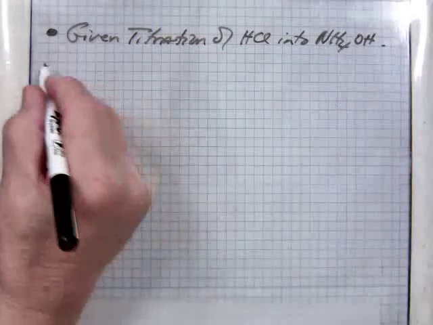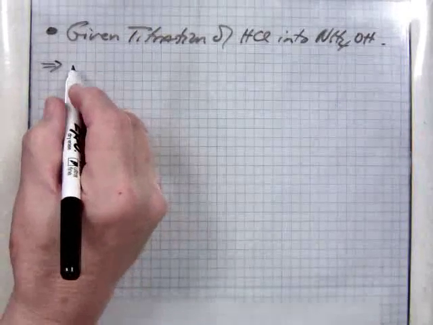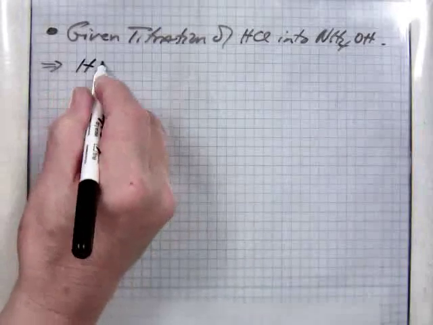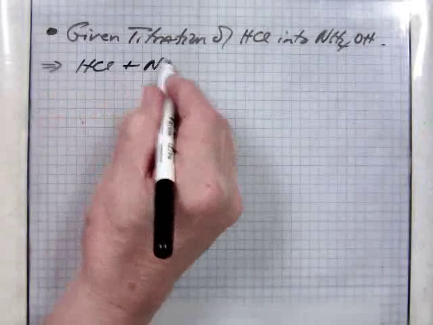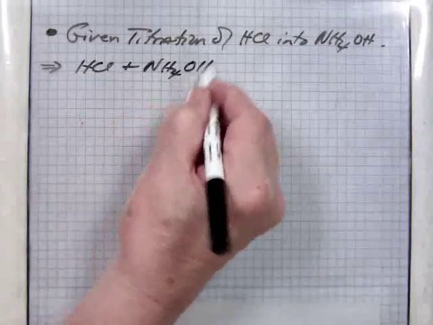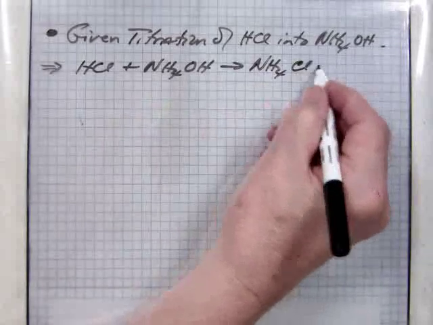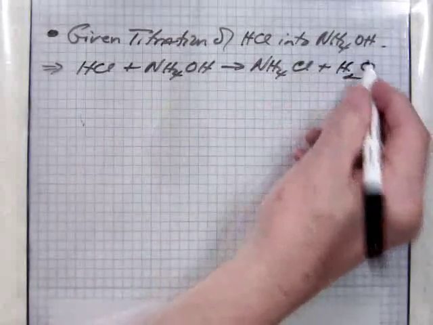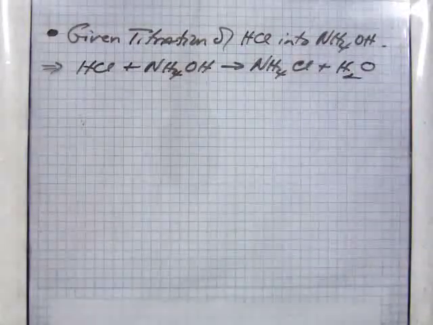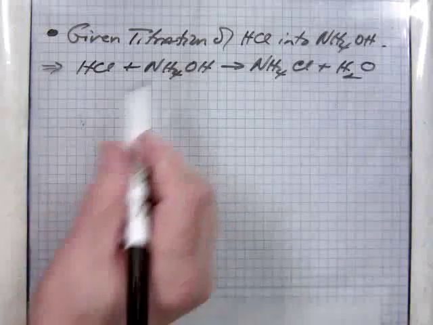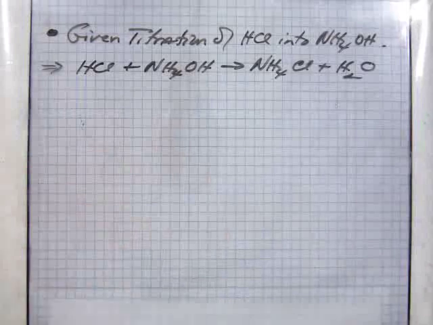So what you want to work with is, say, HCl plus NH4OH going to NH4Cl plus H2O. And everything's the same as we did in the previous, the weak acid strong base. But this one is a weak base with a strong acid.